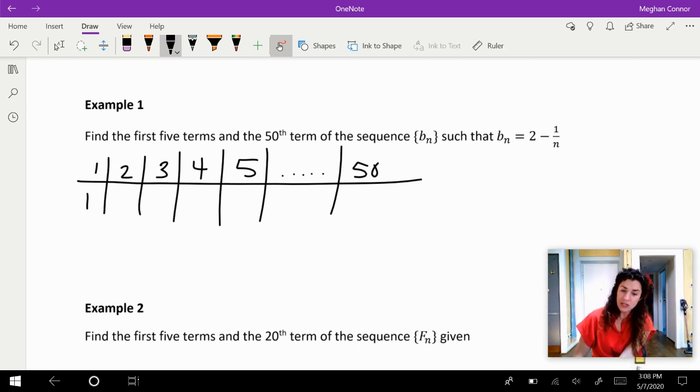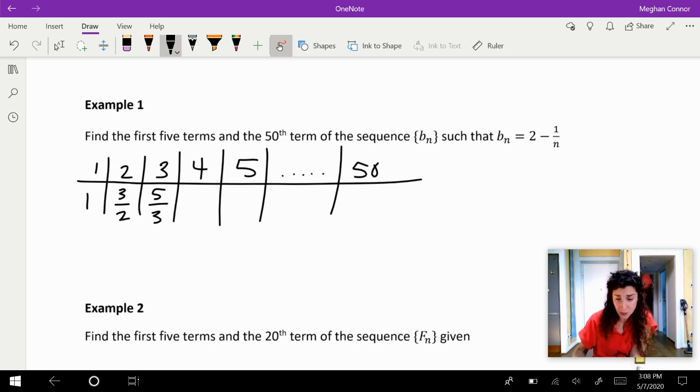Okay, term 2, so it's going to be 2 minus a half, so 3 halves. Term number 3 is 2 minus a third, so that would be 6 over 3 minus 1 over 3, so that would be 5 over 3.